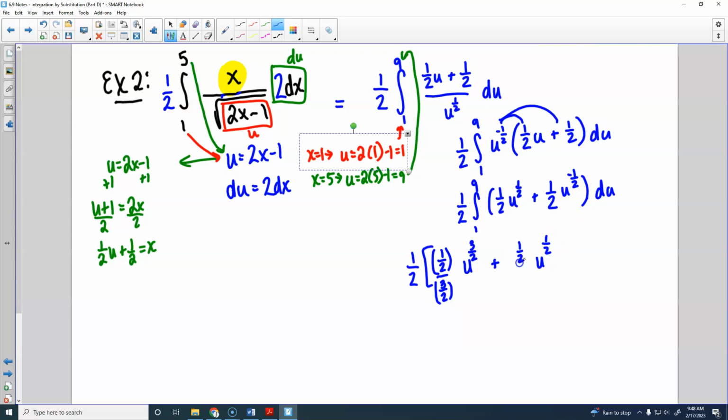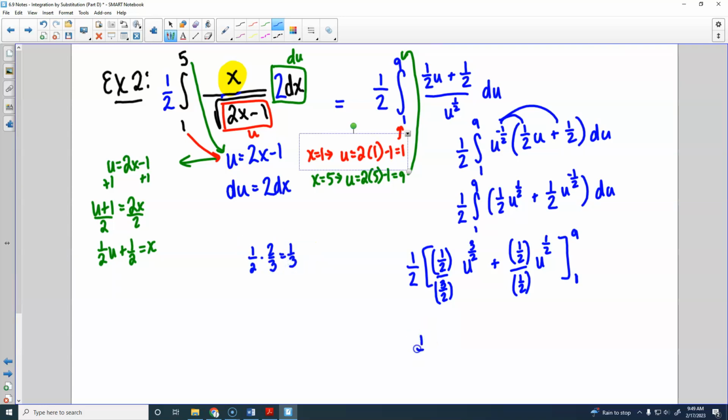We'll have 1/2 divided by 1/2 here. That you probably can do in your head. There is no plus c on this one because it's a definite integral. Instead, we're going to put this bracket on the end where we got from 1 to 9. And then 1/2 times 2/3 is just going to give you 1/3 right there.